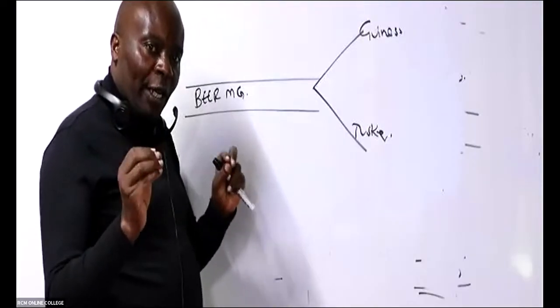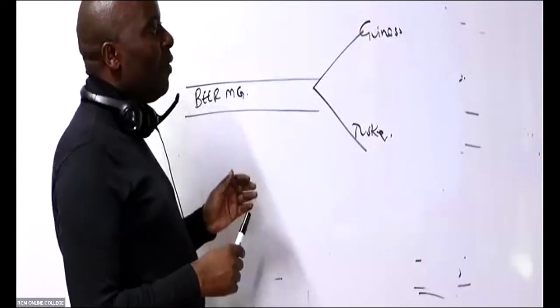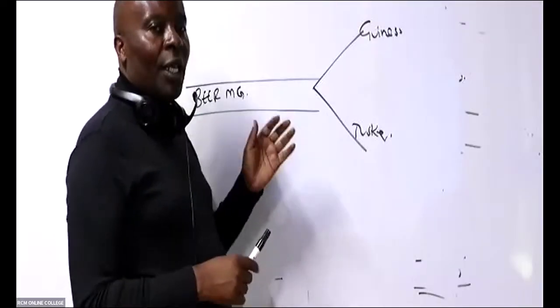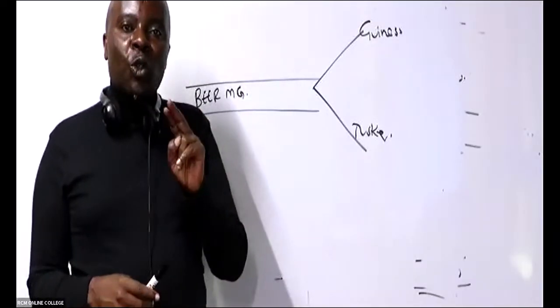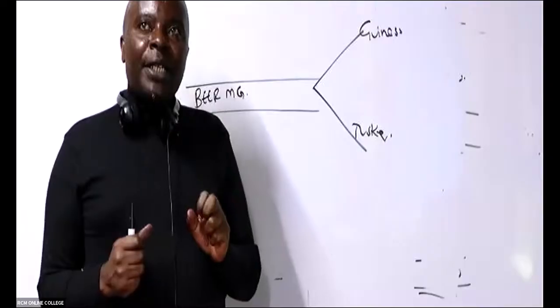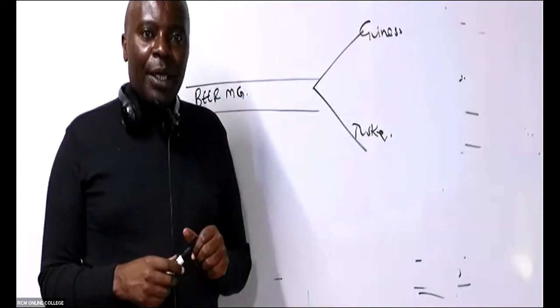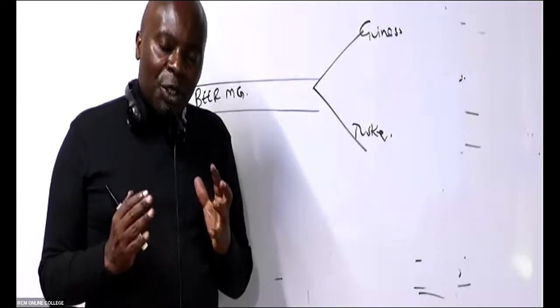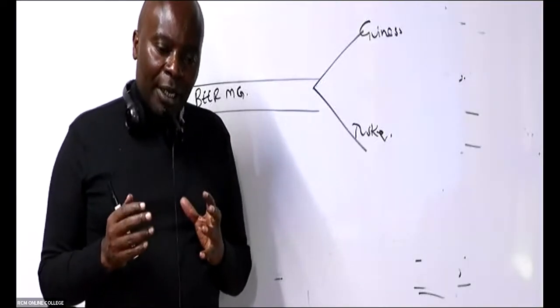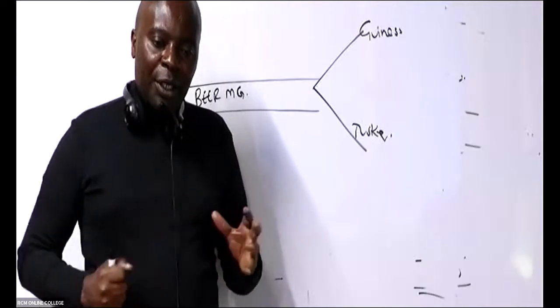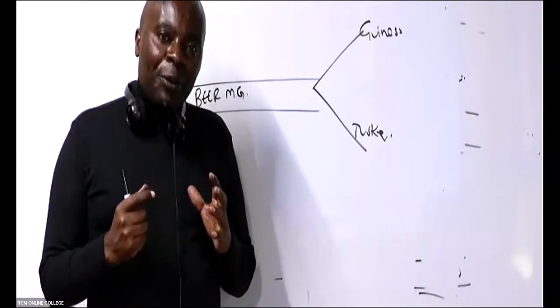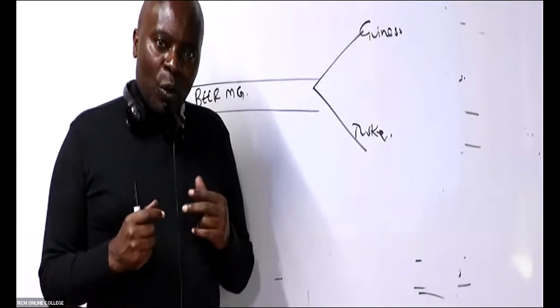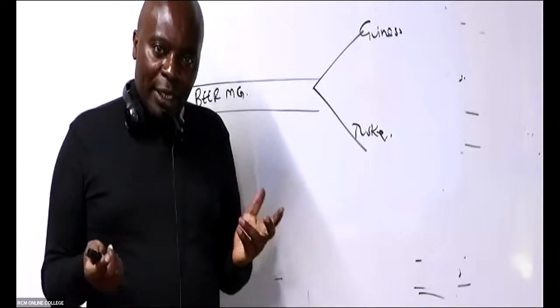But ladies and gentlemen, if, for example, a particular process leads to production of, say, 2 products, in this case, you're producing chairs. You're a carpenter. So in the process of producing these chairs, you end up coming up with 2 products. One product will be the chairs you were supposed to produce.